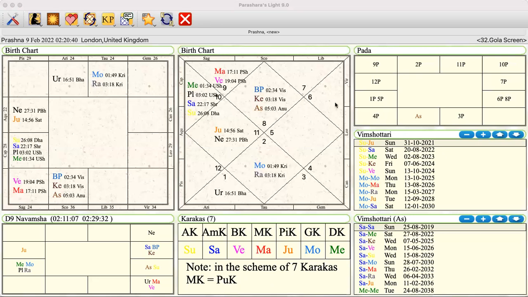So these are all the indications of that. Okay, so a lot to learn about that, really.